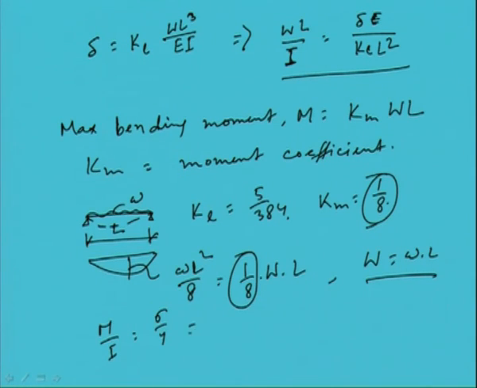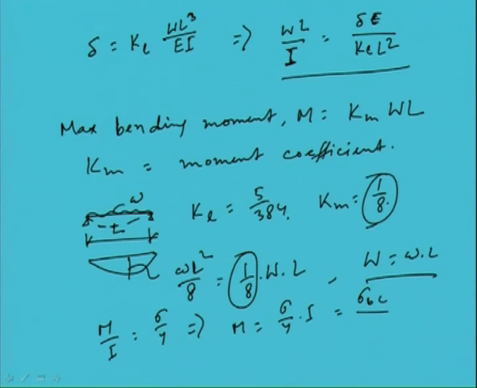So, from this I can find M is equal to sigma by Y into I. Sigma here means sigma BC or sigma BT due to bending. Sigma BC is the compressive stress due to bending and sigma BT is the tensile stress due to bending.